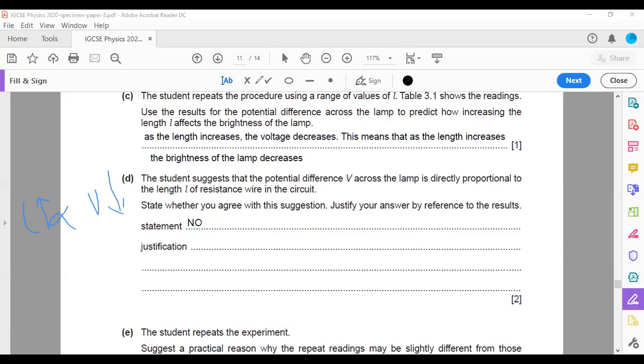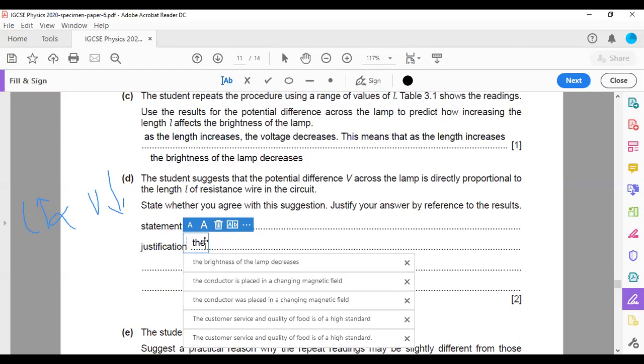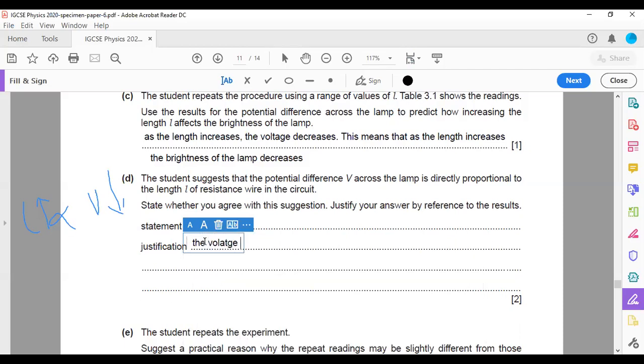It's good. So it means that the voltage is inversely proportional to the length.